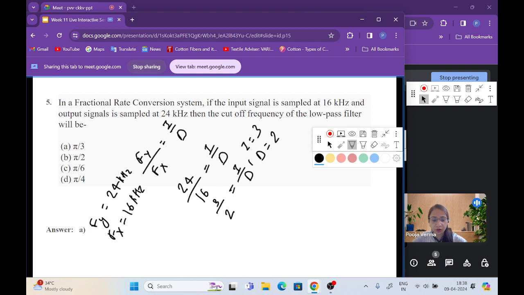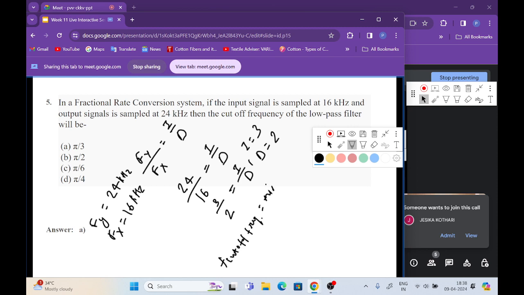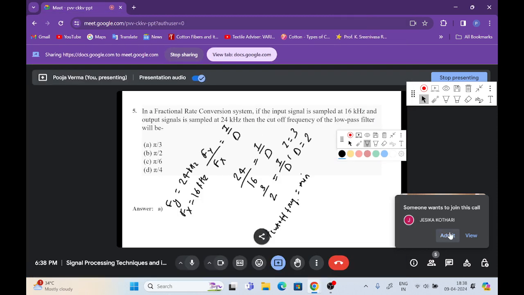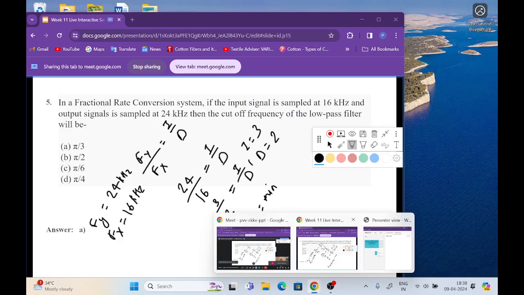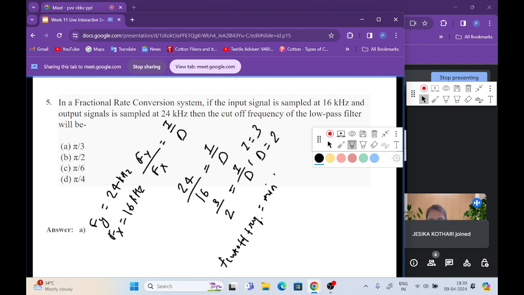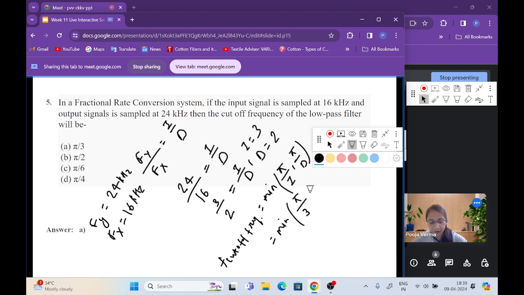In order to find out the cutoff frequency of a low pass filter, we have seen that the cutoff frequency is equal to minimum of pi by I comma pi by D. So we have got pi by 3 or pi by 2.